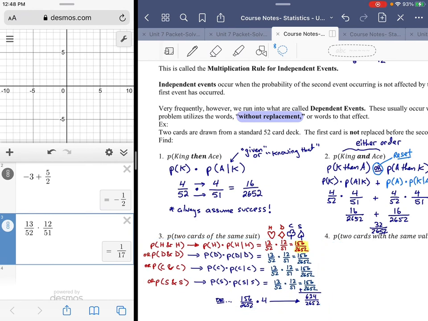Now it says 2 cards with the same value. Well, that could mean a lot of things, but it also is something that we could apply what we learned from number 3 to. All right, so 2 cards with the same value would be a 2 and a 2, or a 3 and a 3, or a 4 and a 4, 5 and a 5, 6 and a 6, 7 and a 7, 8 and an 8, 9 and a 9, 10 and a 10.